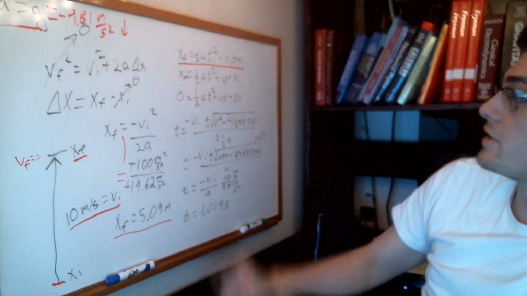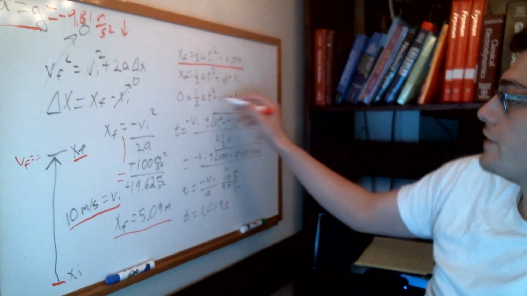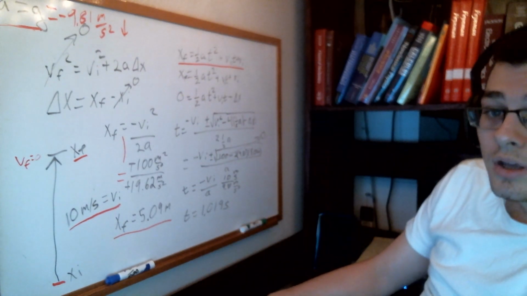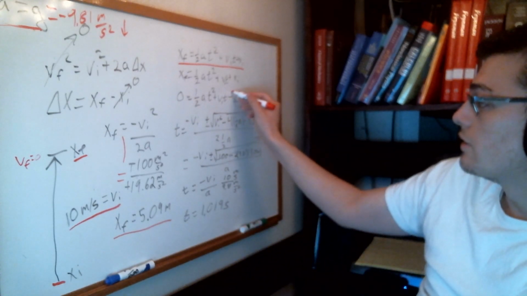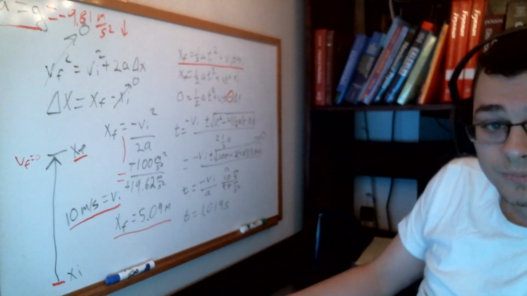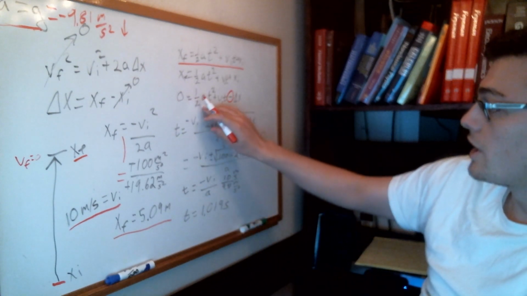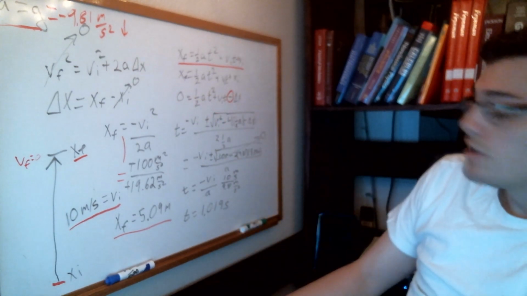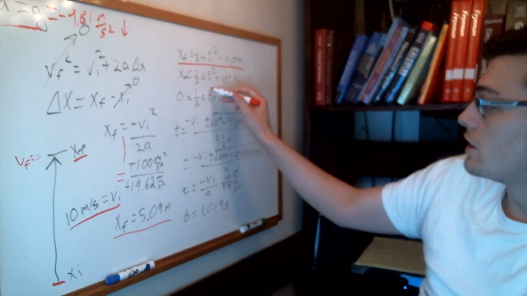But this is going to be negative, because if we move xf to the other side, it's going to be negative, and our xi is going to be positive. So in this case, we have a negative delta x here, and that's where this negative sign comes from. So we have 0 is equal to 1/2 at squared plus vit minus delta x.